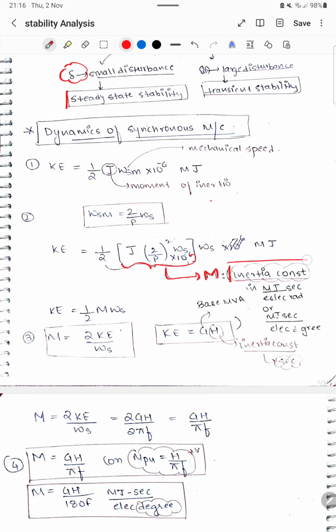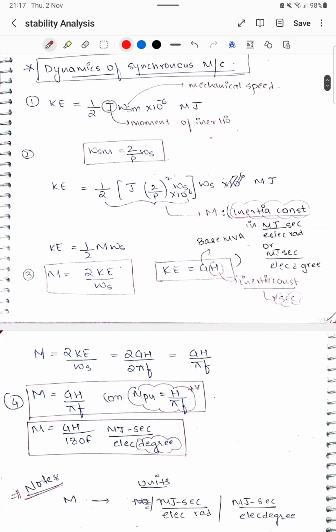M means inertia constant. Ahead we'll also see one H inertia constant, and we will see how we differentiate what exactly is given in the question, whether the inertia constant given should be taken as M or H. For now, K is half J (2 by P) whole squared omega_s into 10^-6 into omega_s.